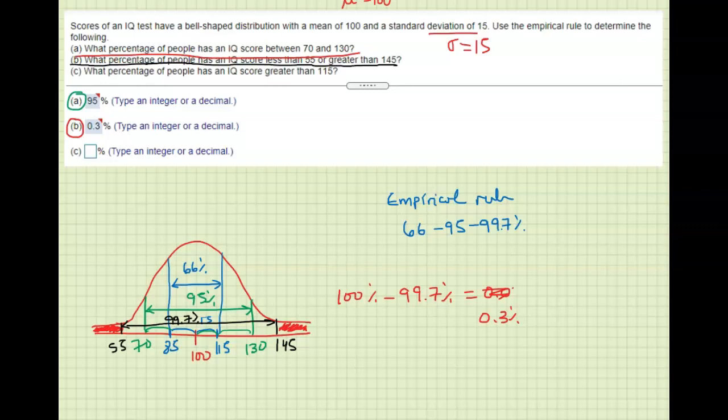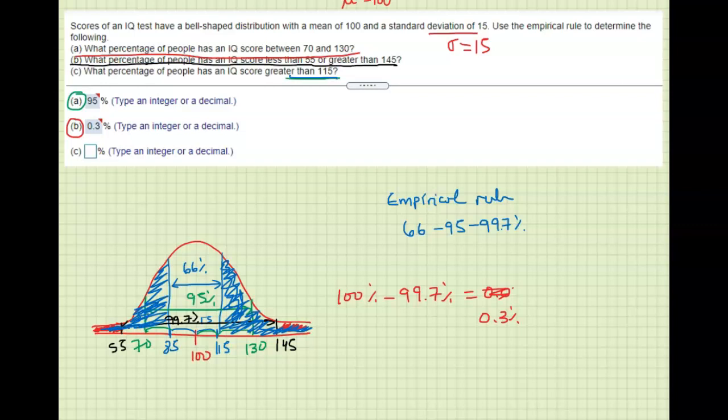Final question. What percentage of people have an IQ score greater than 115? Let's look. 115 is right here. We're looking to see what percentage of people are in this region right here. We know that it's 68% in the middle between 85 and 115, so I'm going to find what's on both sides.